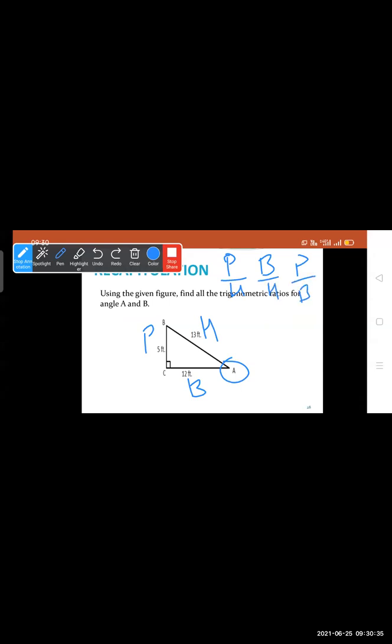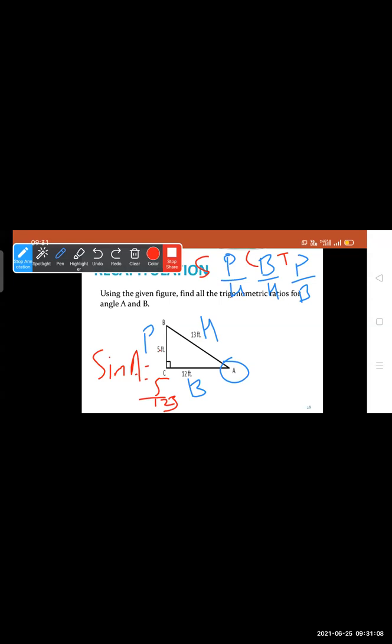This is for sine, this is for cos, this is for tan. So find sin A. Sin A is equal to P upon H. The P value is 5 feet and H is 13. So sin A is equal to 5 by 13.